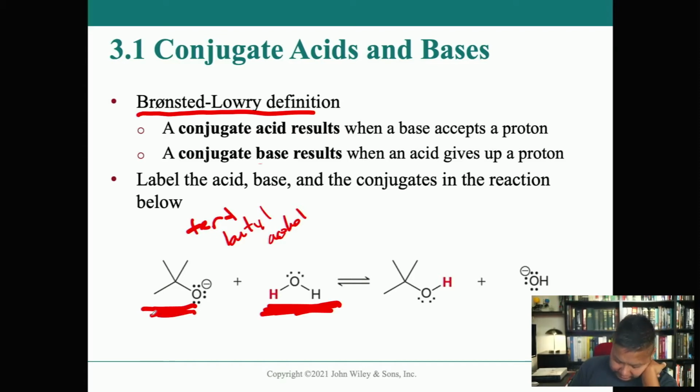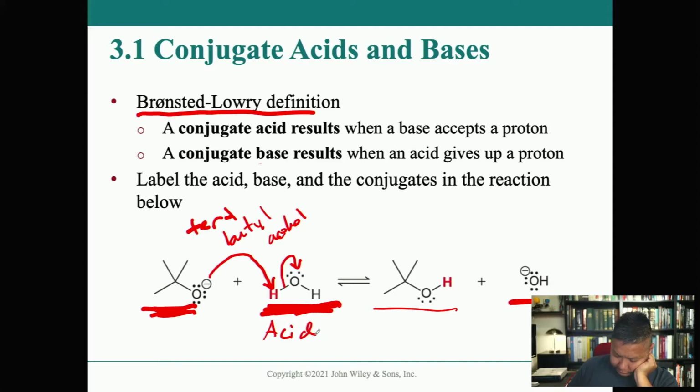So in this case, the electrons from the tert butyl alcohol will come over, pull off this proton from the water, and the electrons from the bond in the water go to the oxygen, and so you're left with the tert butyl alcohol and the hydroxide ion, right? So we would identify this then being the acid, right?